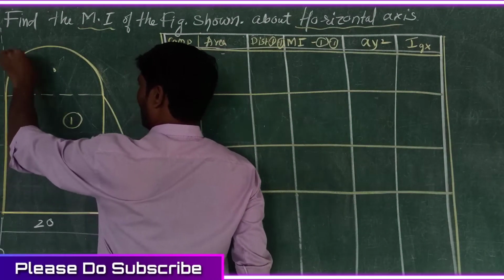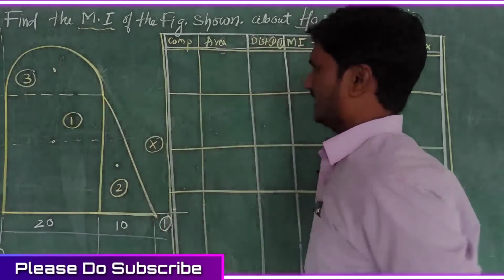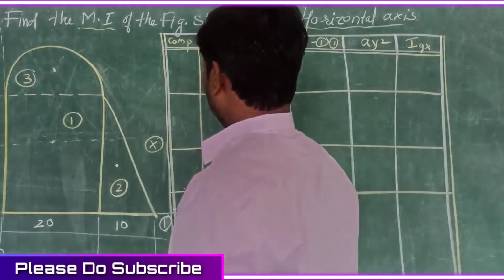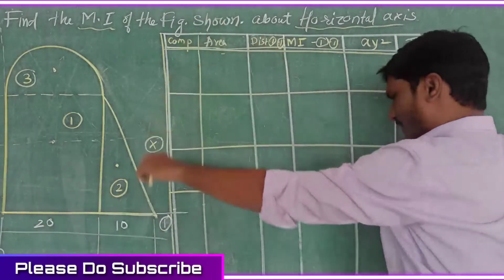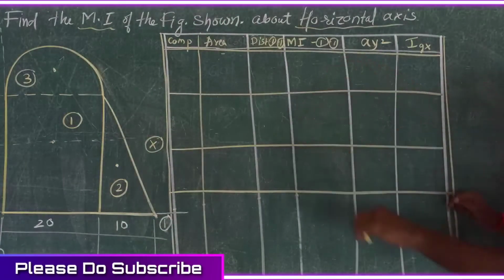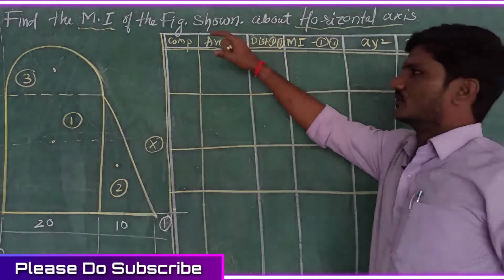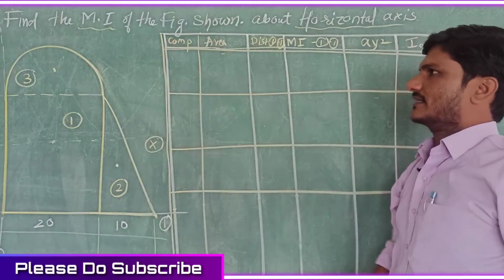In some cases it will be represented with hatching lines. Now first you need to prepare a table that includes the moment of inertia also. In earlier cases we did this to calculate the centroid and center of gravity.